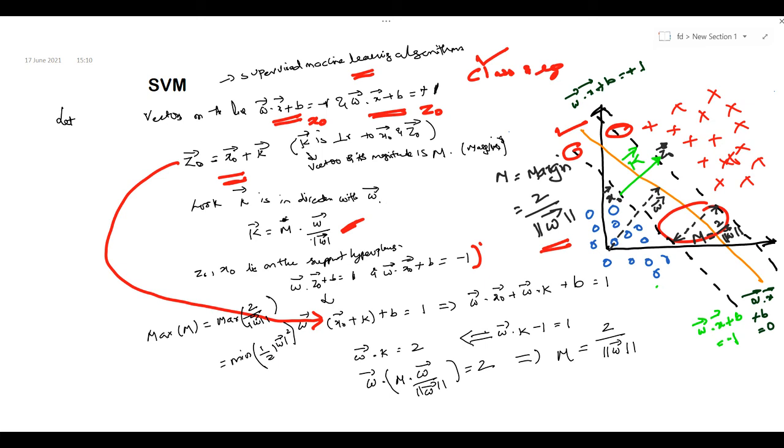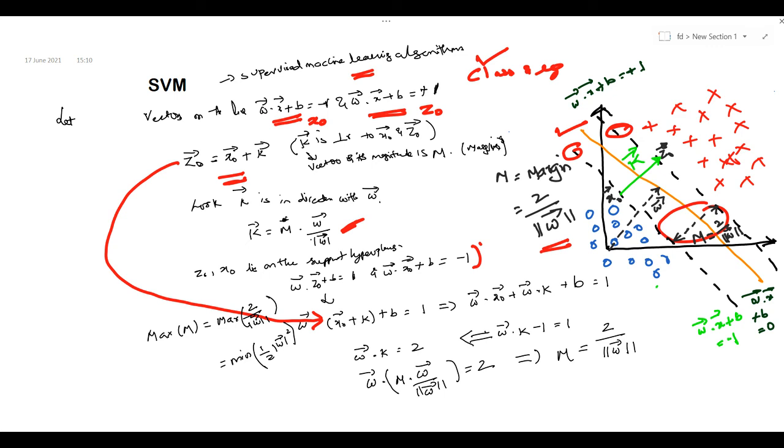Now the equation is z naught bar is equal to x naught bar plus k bar. Substitute these values in w bar · z naught bar + b = 1. We already know that z naught bar is equal to x naught bar plus k bar, so w bar · z naught bar is replaced by w bar · (x naught bar + k bar) + b.